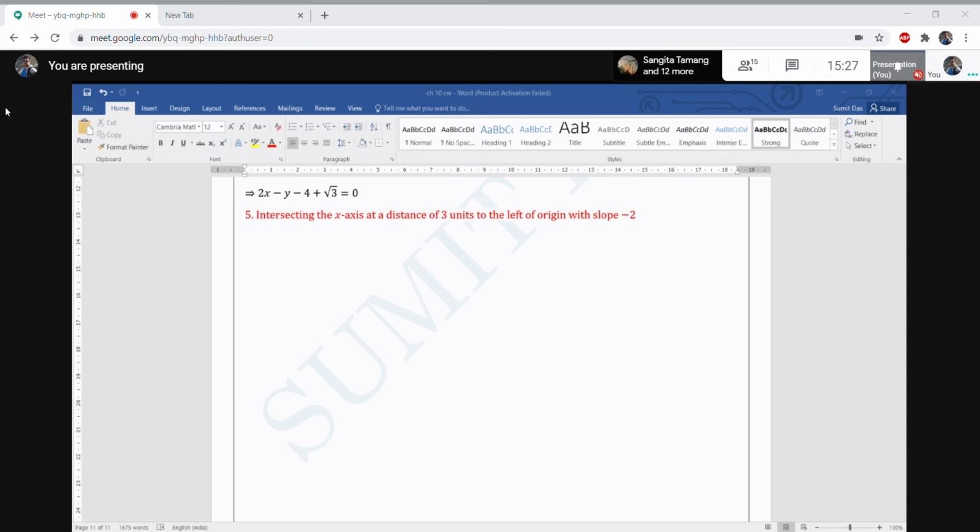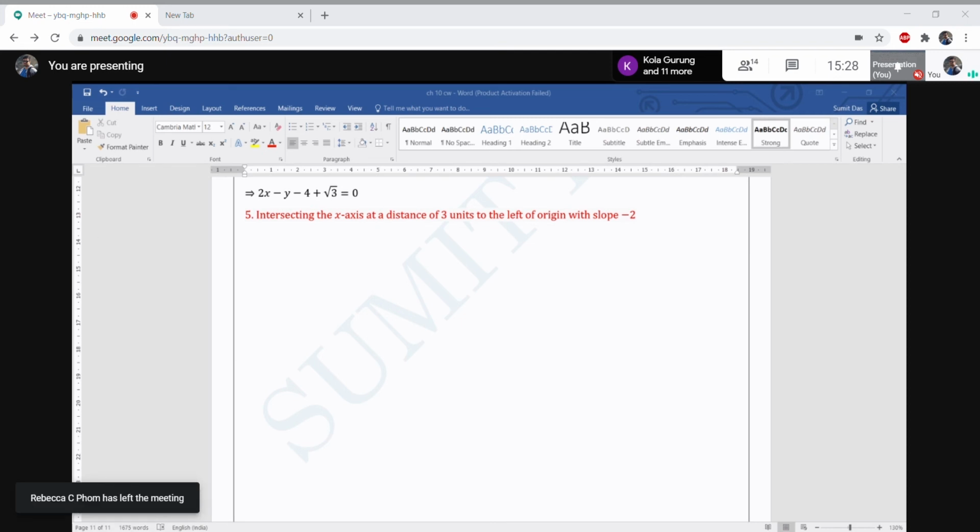This is the two axis, and the line intersects the x-axis at 3 unit on the left side of the origin. Left side of the origin means here. Okay, this distance is 3 unit. Okay, and slope is minus 2.